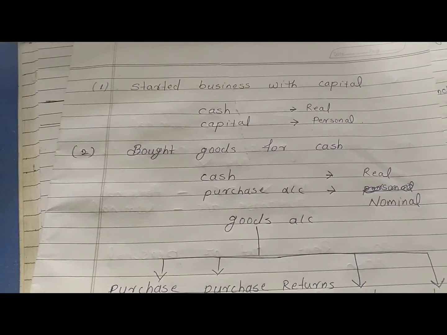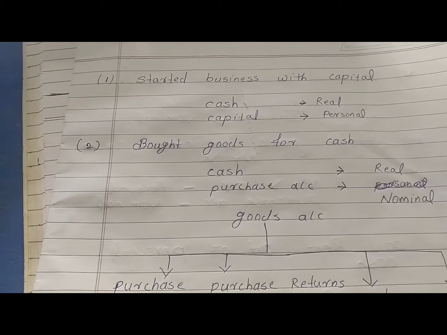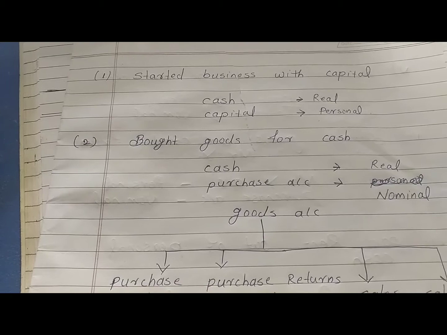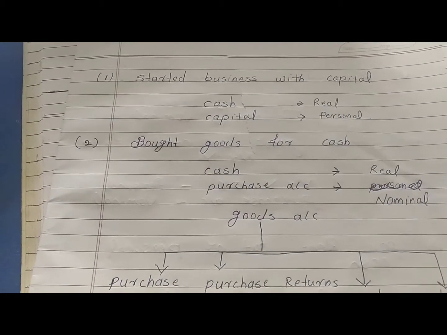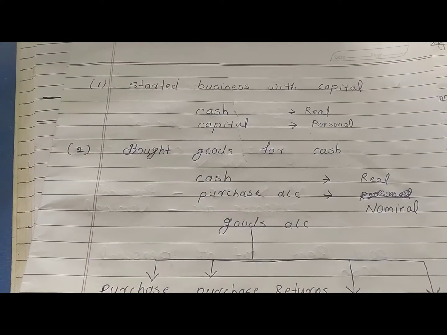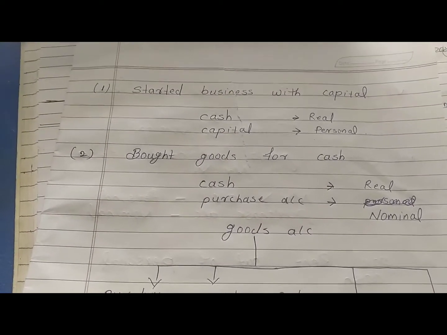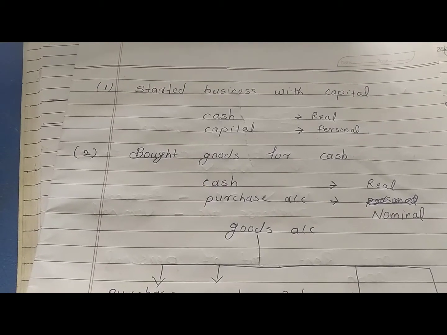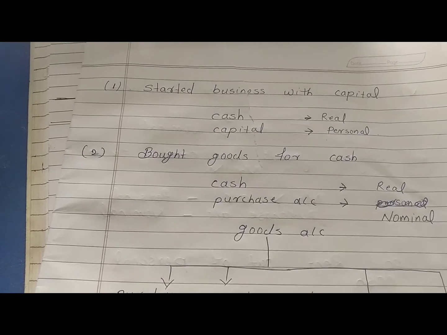So what is the first step? We need to know how many accounts are involved here. Here the goods account is also involved, and cash is also involved. Bought goods for cash. So in this transaction, we need to understand one thing. Whenever goods is given, we need to understand what is the type of the goods account.